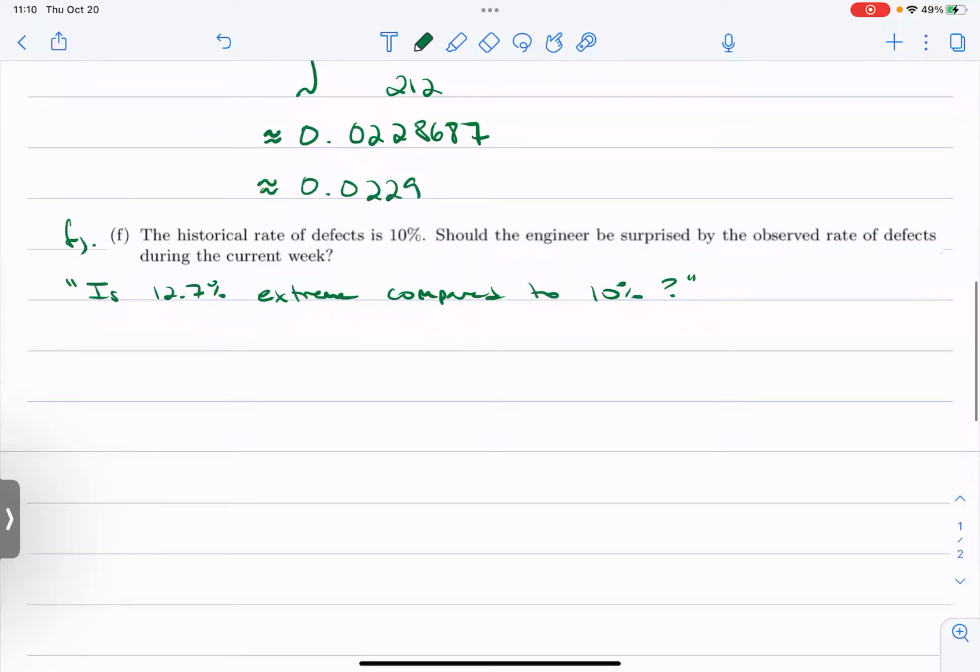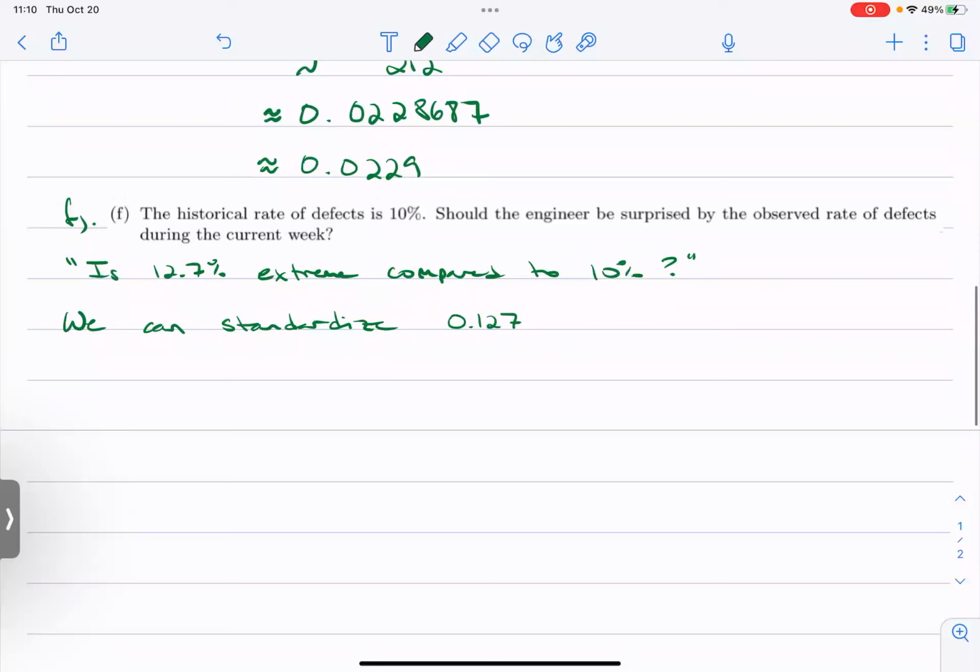So we can standardize 0.127 to see how many standard errors it is from 0.1.